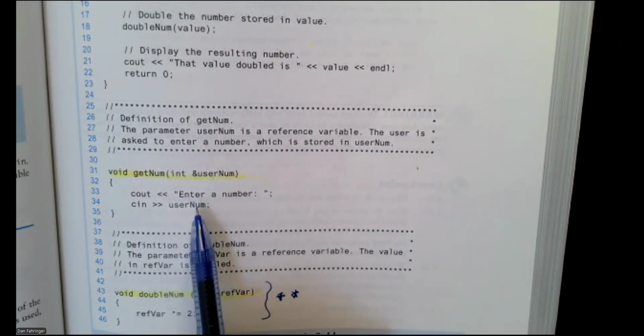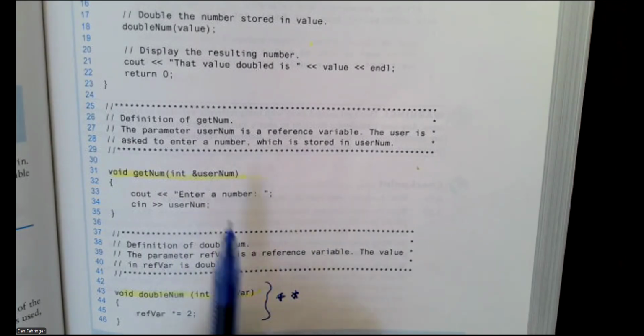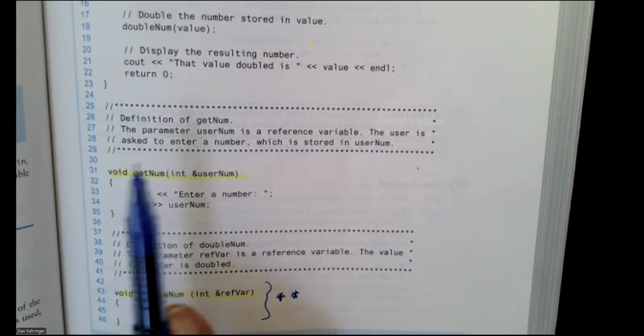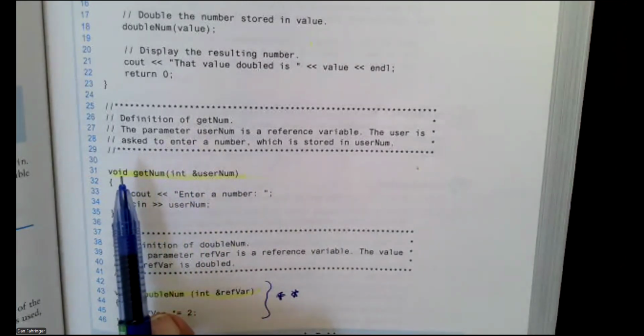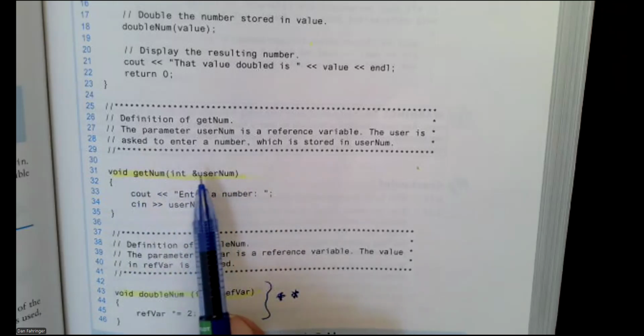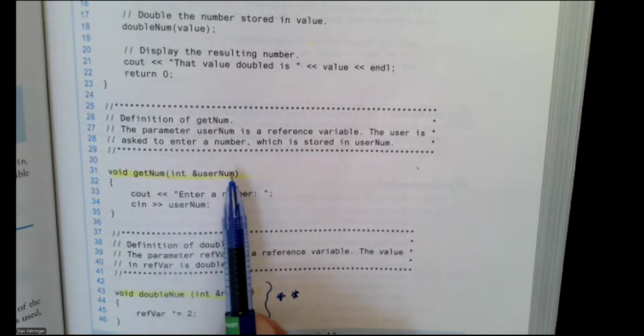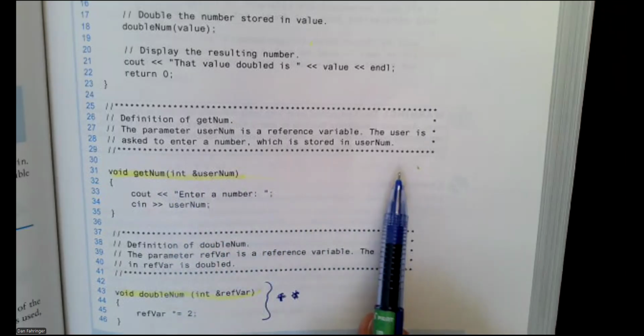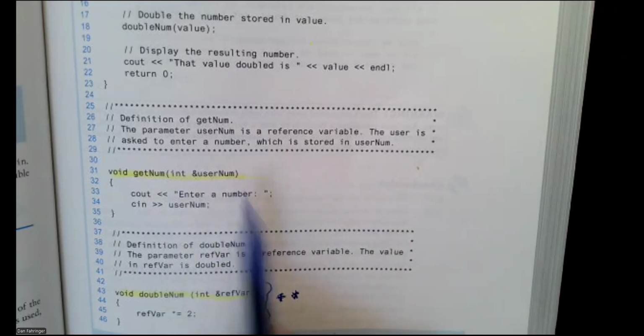But when I go to use user num, so I could actually finally say instead of having a void method and a single value returning method, I could have a whole bunch of these reference variables where I'm sending in addresses and I could make changes to multiple variables inside of my function. Something I couldn't do before. This is awesome.